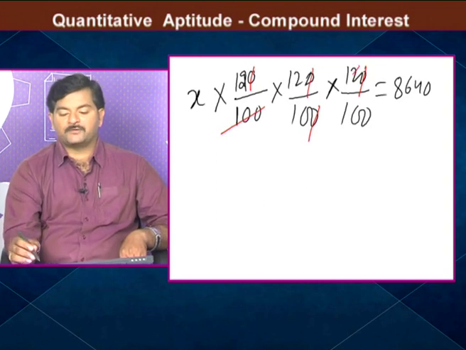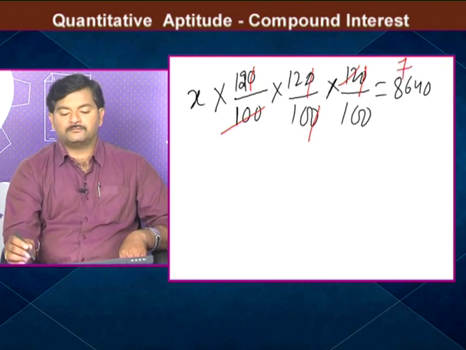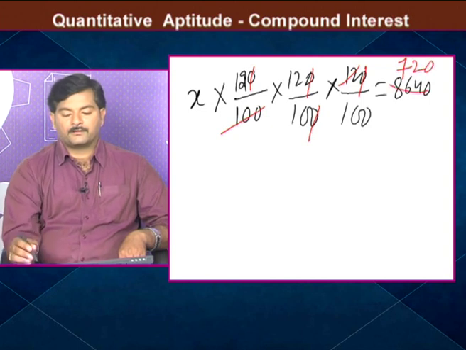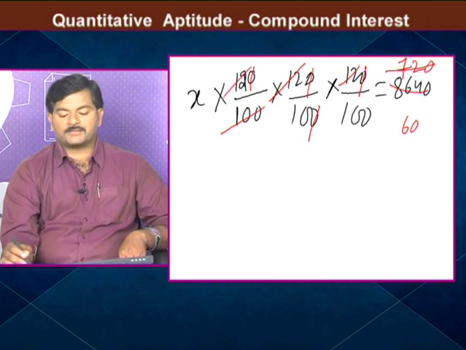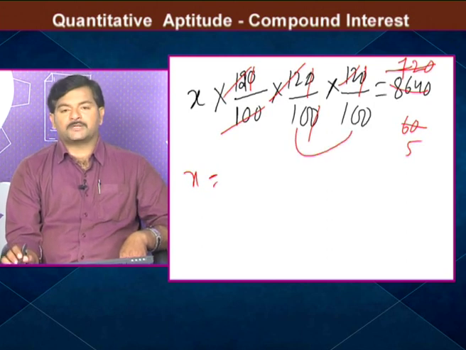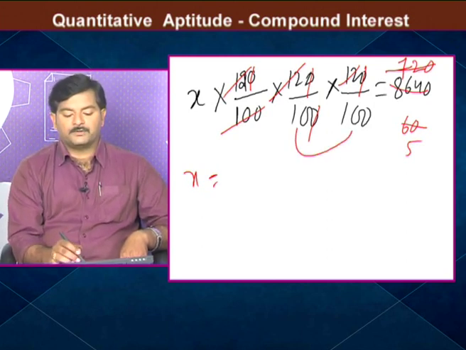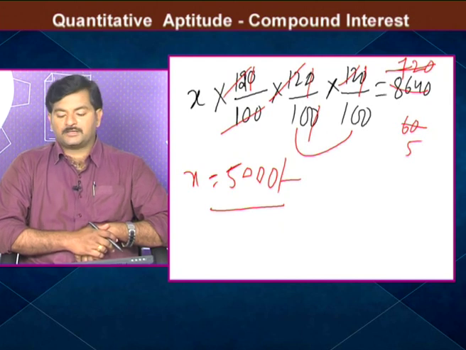Cancelling with the 12 table: 12 7s are 84, 12 2s are 24, 12 6s are 72, 12 5s are 60. So x equals 100 into 10, 1000, 1000 into 5, which is 5000 rupees.